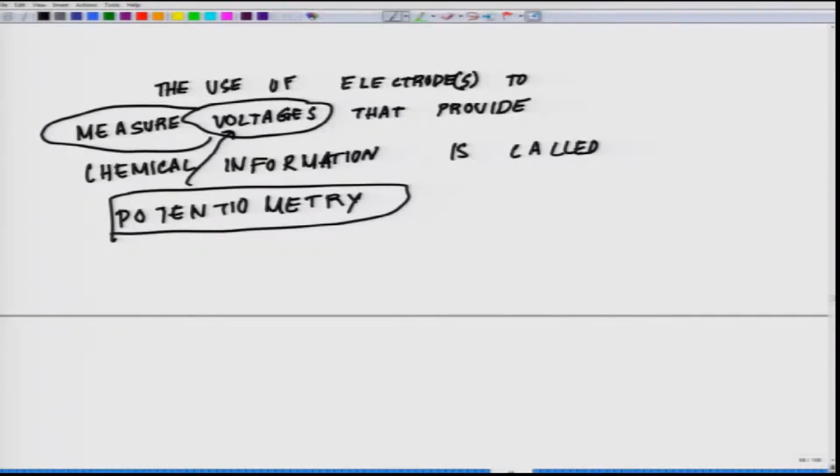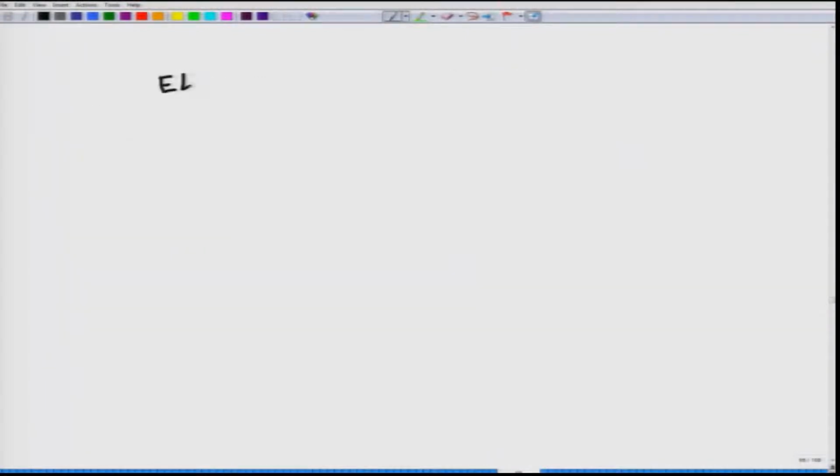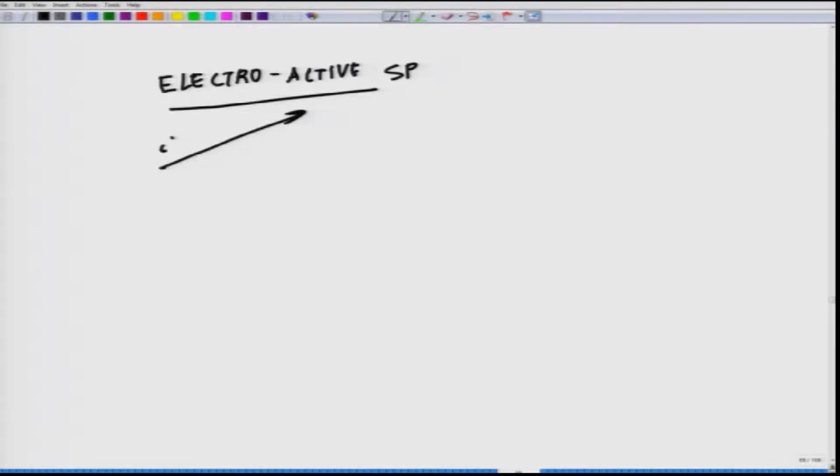In the simplest case, analyte is an electroactive species that is part of the galvanic cell. An electroactive species is one that can donate or accept electrons. So, in the simplest case, an analyte is an electroactive species, okay, which essentially either can accept an electron or donate an electron.